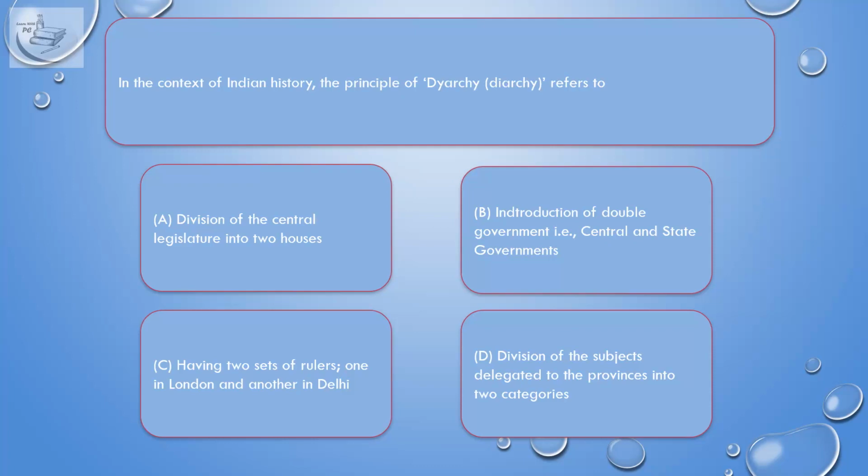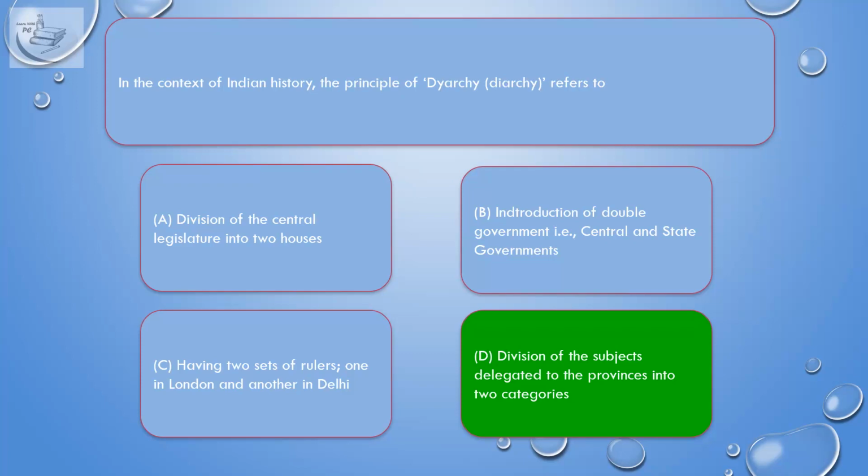D. Division of the subjects delegated to the provinces into two categories. Correct answer is D. Division of the subjects delegated to the provinces into two categories.